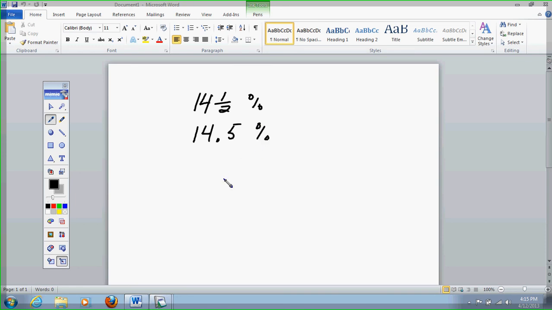Sure it is. Now, what's my rule for changing a percent to a decimal? I simply move the decimal 2 places to the left. So I'm starting here and I go 1, 2. So my decimal moves to here, and my answer is 0.145. So 14.5% is written as a decimal as 0.145.